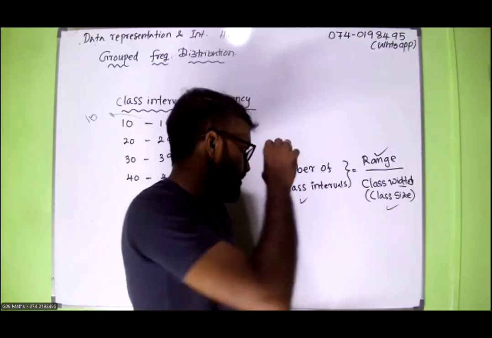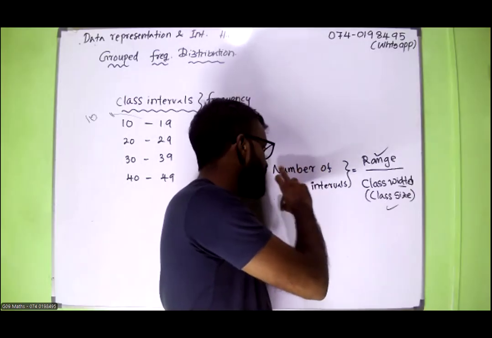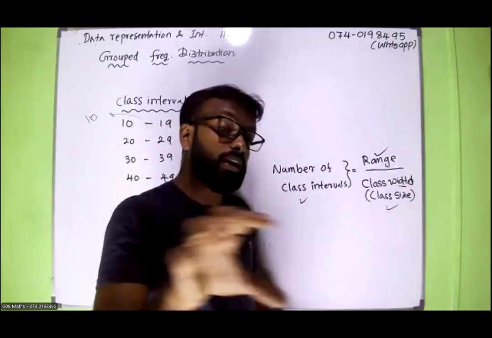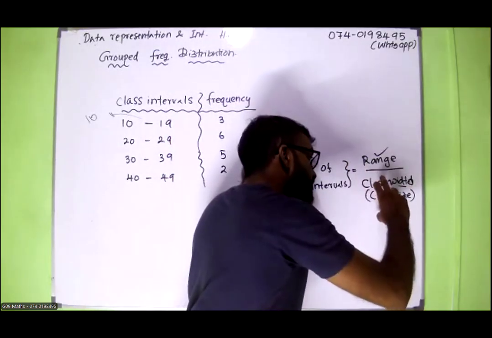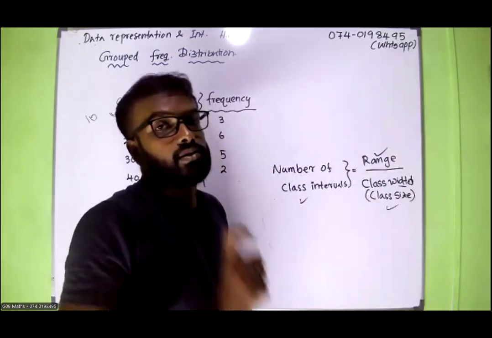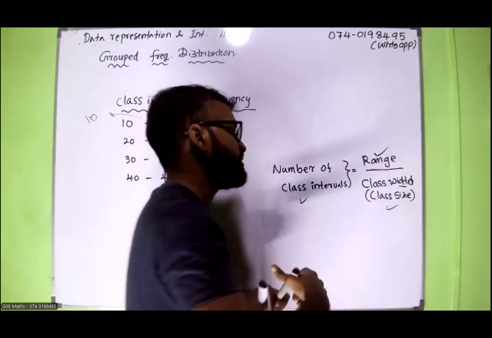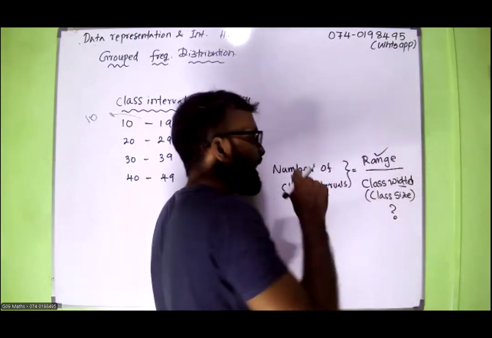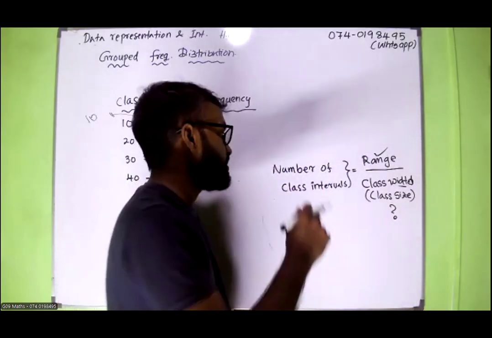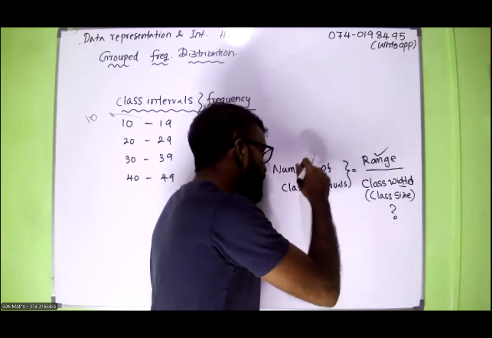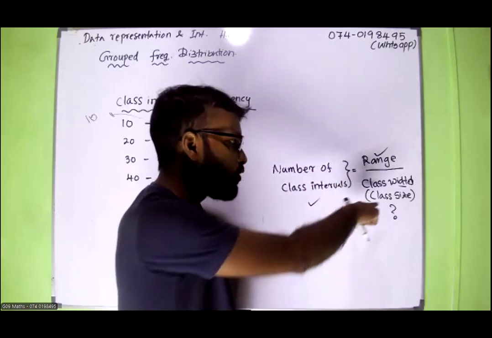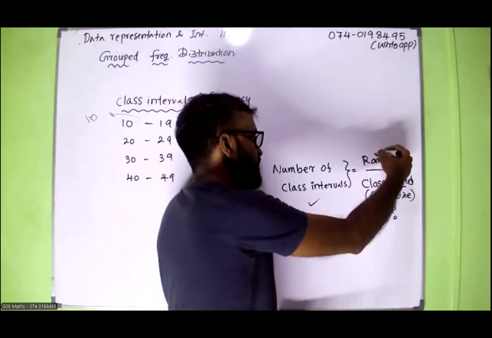First of all, they might ask to calculate the number of class intervals, and they should give the class width. And on the other hand, they might ask what is the class width or class size. In that case, they need to give the number of class intervals in the question. You know how to find the range.